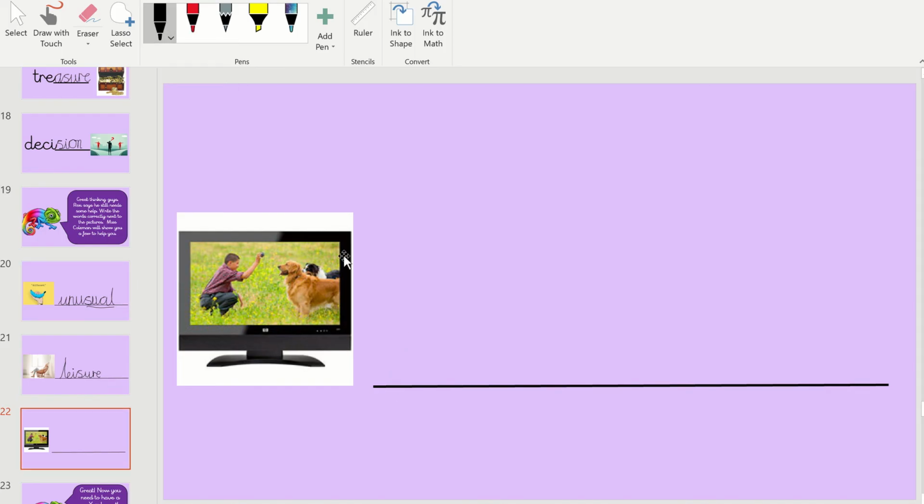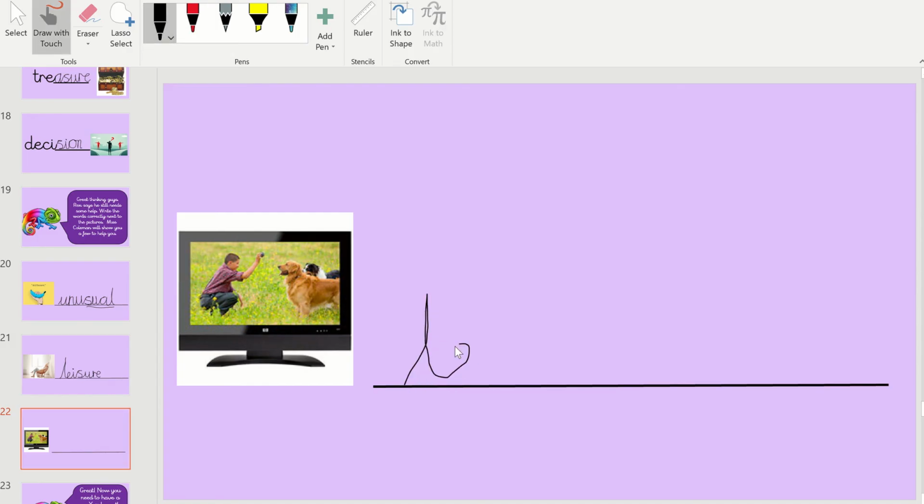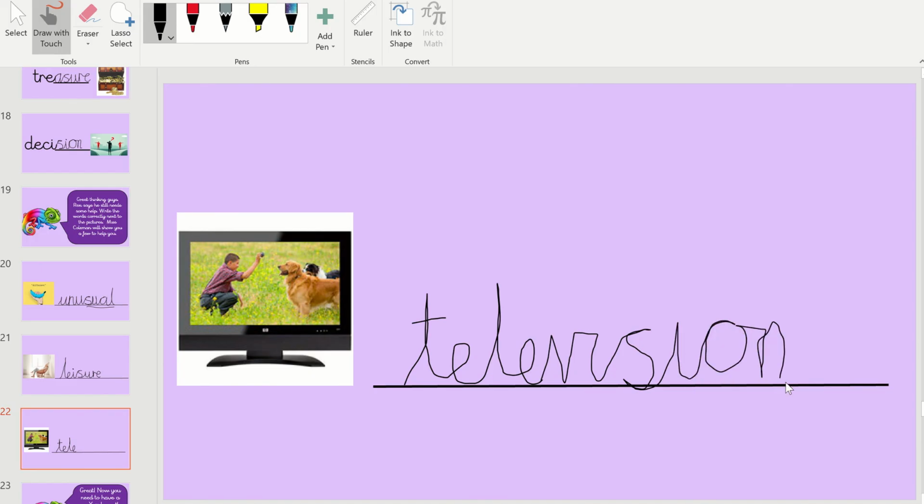I know it's got a T. A T, an E, an L, and then an E. So T, E, L, E, and then it goes to a Z. Television. It's the I, the O, and the N. Television.